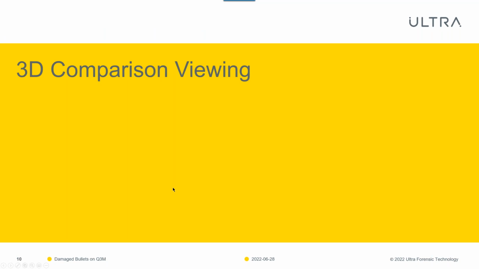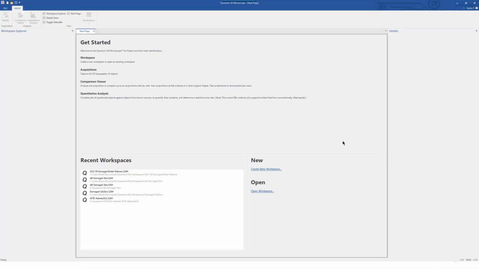So with those acquisitions completed, let's take a look now at the Quantum 3D microscope. This is the main screen that you see when you first open the application. And so from this screen, you would typically go to either create a new workspace or open a workspace you've already worked with. This is what we want to do here, but I can do it a little quicker because it's a recent workspace.